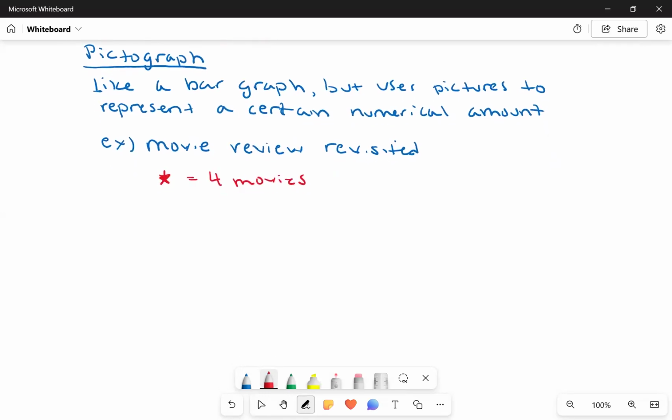All right. Then I'm going to go ahead and give myself a horizontal axis. Now, it is a little bit optional if you're going to do a vertical axis. It's not really necessary. It's more just to say maybe what the visual represents in the picture itself, so you don't have to do a special little label like I did. So like in the book, for the vertical axis, they would actually say star represents 4 movies, or something like that.